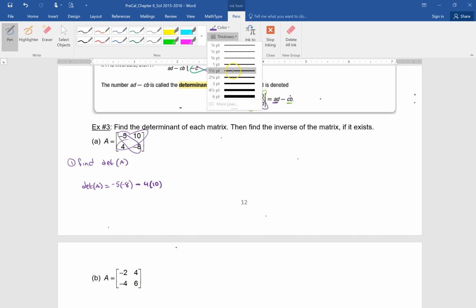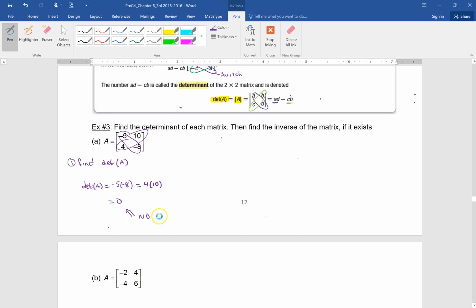So what does that give you? If the determinant is 0, there is no inverse. We say the matrix is singular. Like, oh my God, you're so singular.